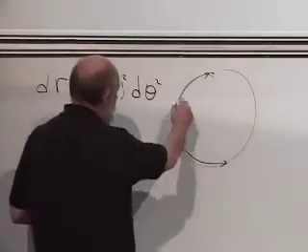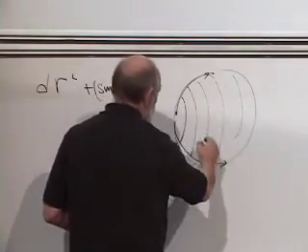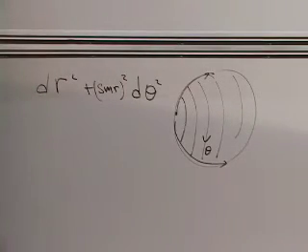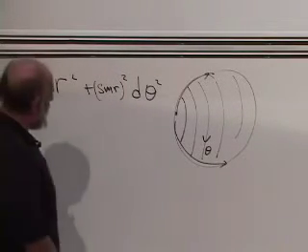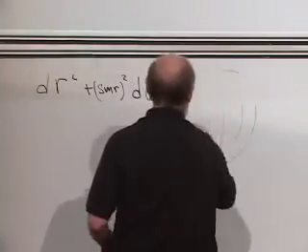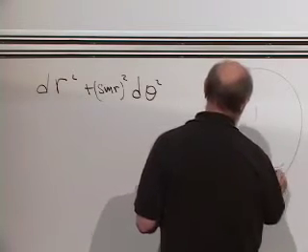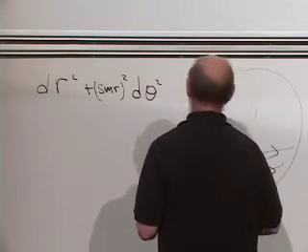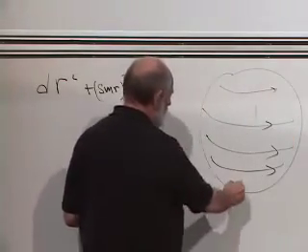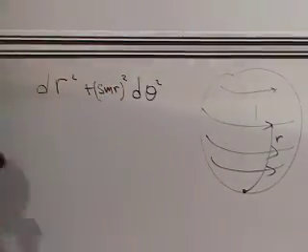And as you go around the theta direction, I think I've turned the sphere on its side for some odd reason. Let's stand it up again. Theta goes around this way. And r is just replacing what I called phi before.